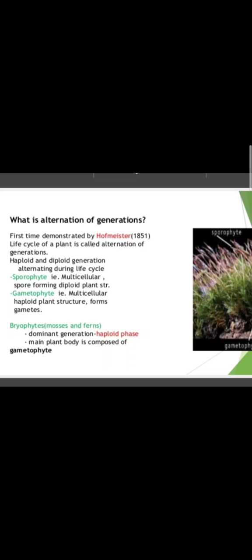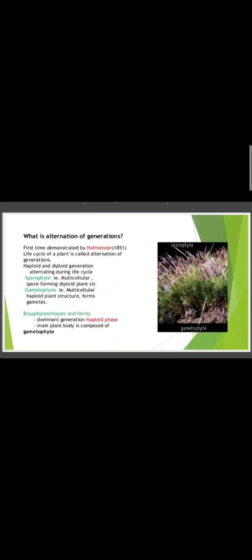Okay. This is the part which is related with alternation of generation and it is also an important question. Next, what is the significance of alternation of generation? Better chances of survival, better adapted to the environment, newer varieties can develop, and variations are produced during cell division or meiotic division.